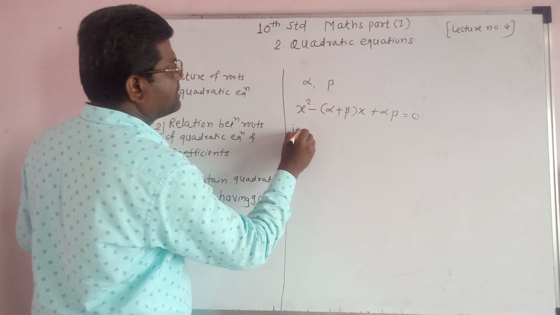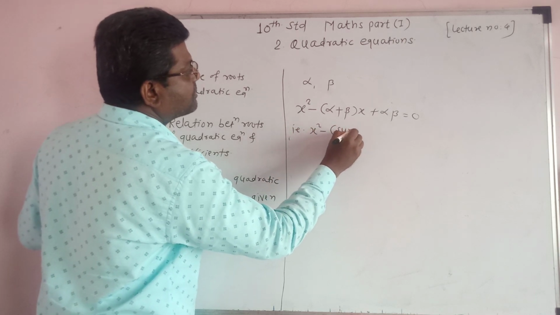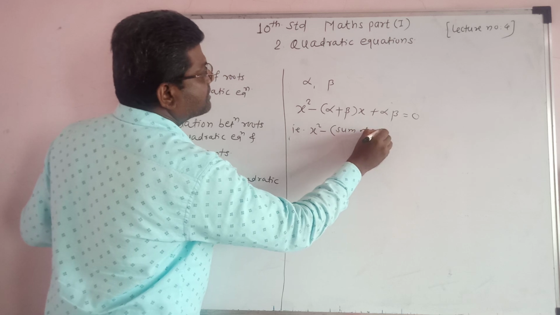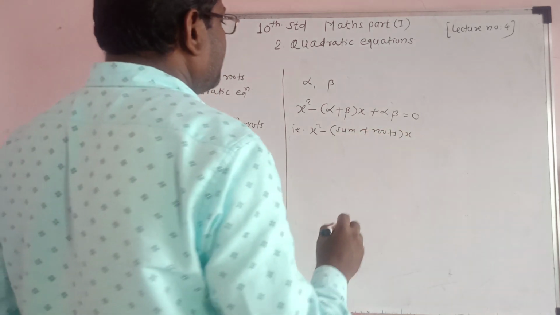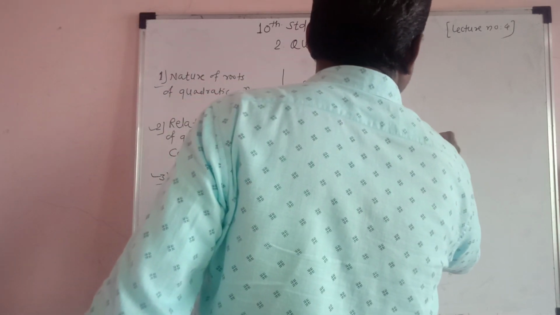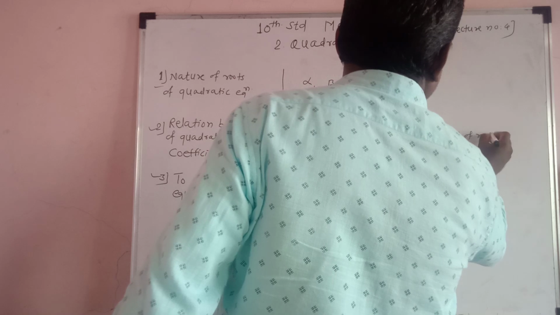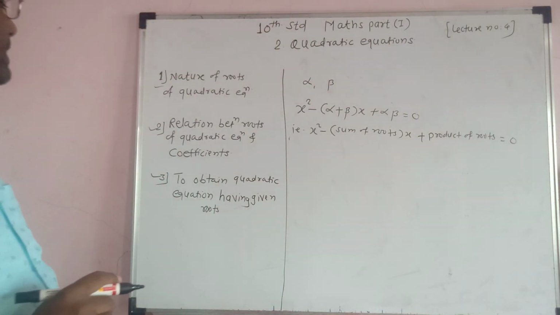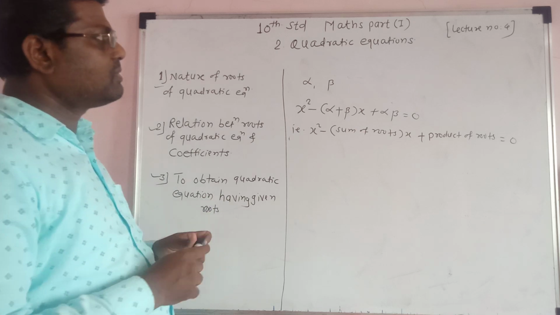That is, x² - (sum of roots)x + product of roots = 0. Thus we can obtain a quadratic equation by using given roots.